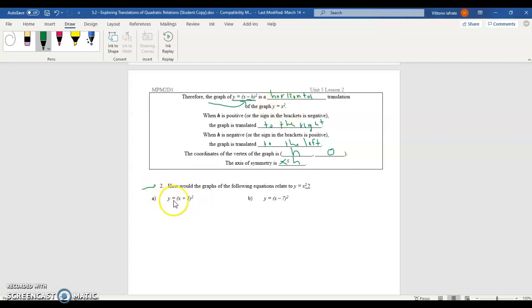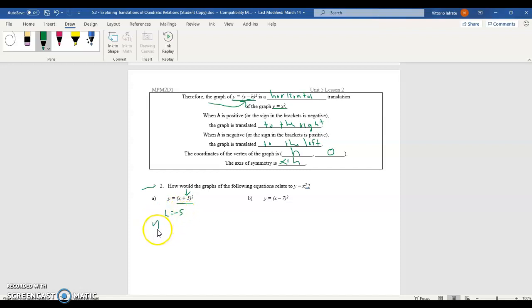So if we were to ask how these two graphs here are related to y is equal to x squared, well, the simple answer is to look at the form here and realize that you have an h over here. So this graph here, its h is negative 5.